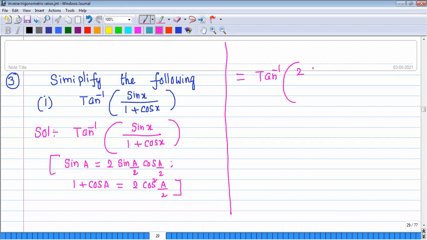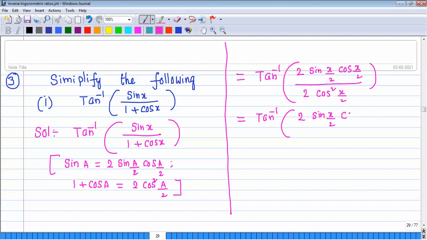So numerator we can write 2 sin of x by 2 cos x by 2 divided by, instead of 1 plus cos x, 2 cos square of x by 2. So how could we simplify? Tan inverse of 2 sin of x by 2 cos of x by 2 upon 2 cos of x by 2 multiplied with the cos of x by 2.